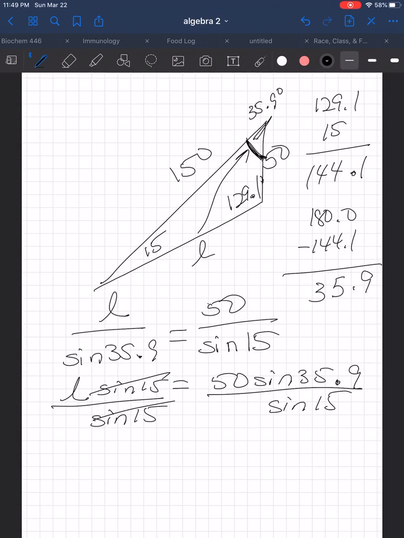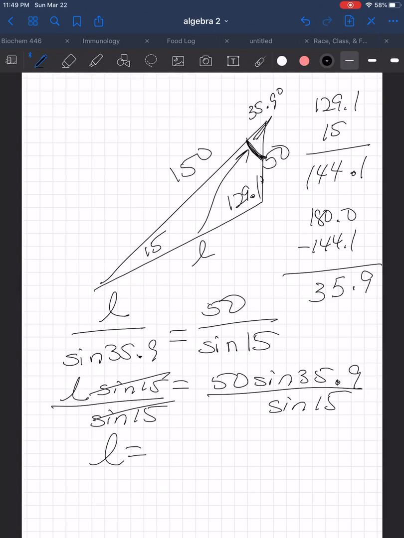Okay, now, do I have to use inverse sine to find this? Are we finding an angle at this point? No, we're finding a side. So no, we do not use inverse sine. We use regular sine. Type it in just like it says. So, parentheses, 50 sine 35.9.